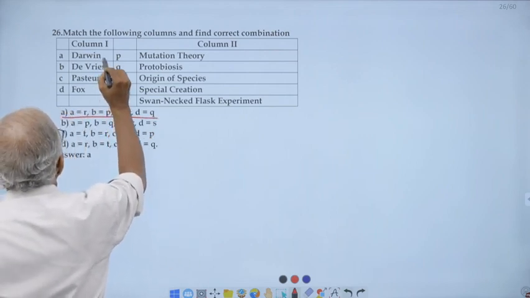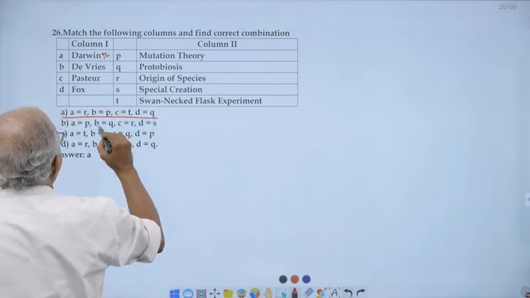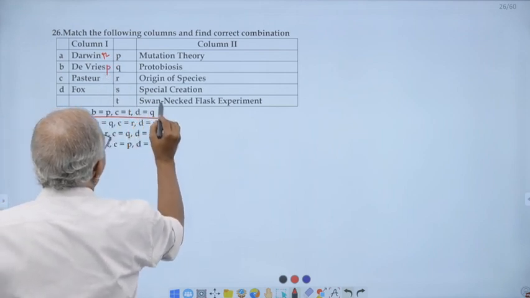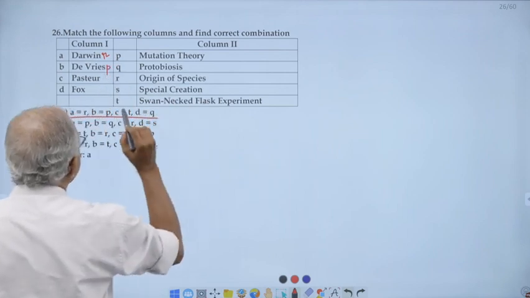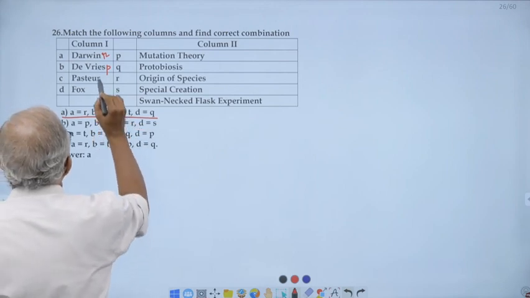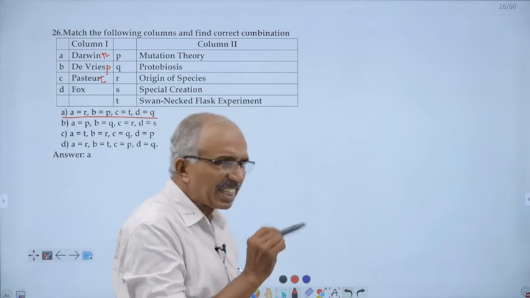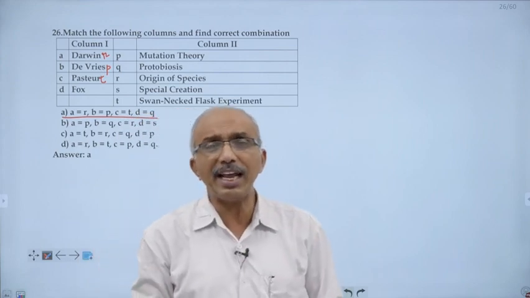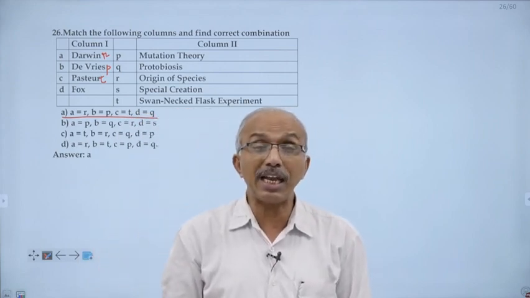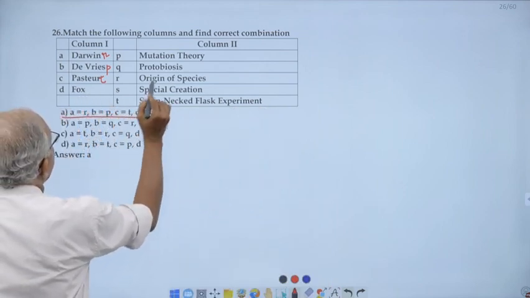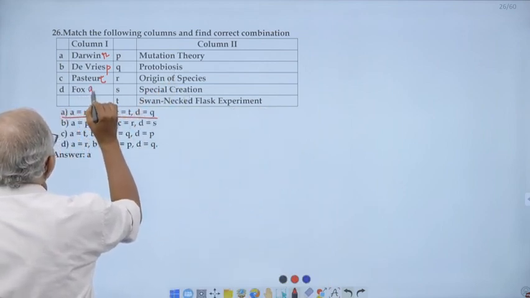Darwin, that you know. De Vries, that you know. Pasteur used a swan-necked flask to discredit the theory of spontaneous generation. Sidney Fox, protobiosis.